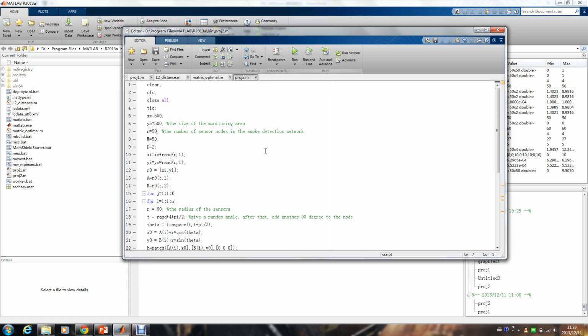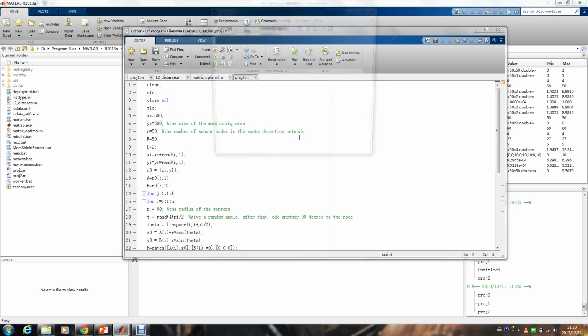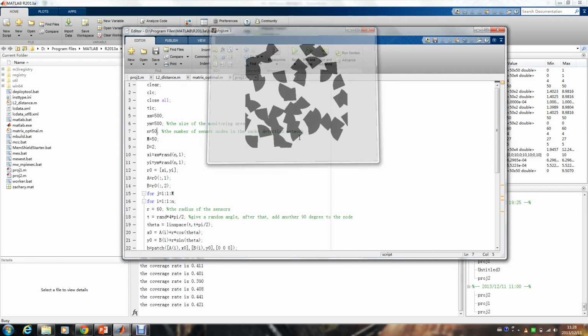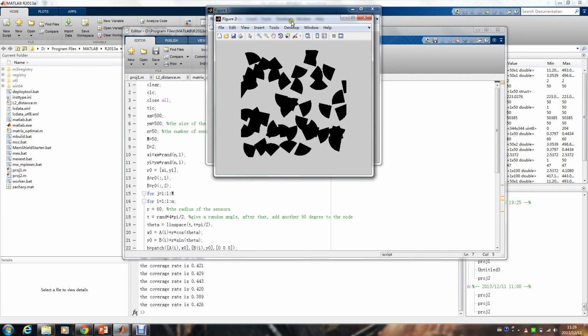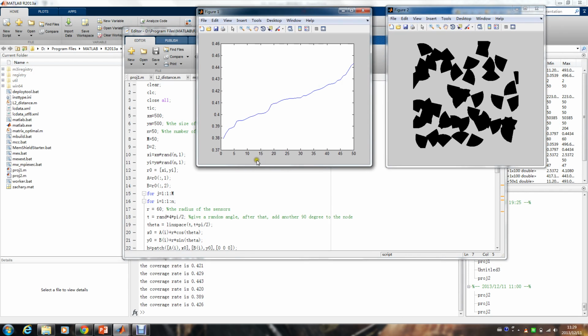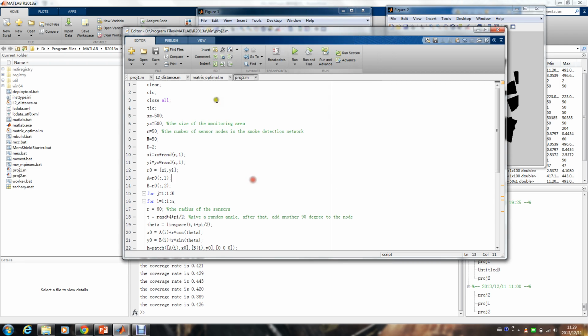And for project 2, I will display when the number of nodes is 50, 100, 200, 300, and 400. Here the number of sensor nodes in the smoke detection network is 50. We can see the result of the program. The probability is about 0.445. And now we try 100.